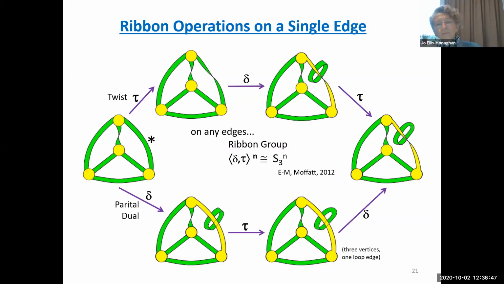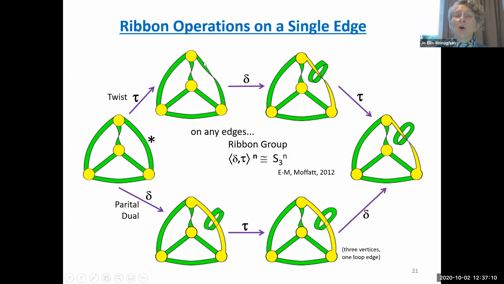So, here is the orbit of doing a ribbon operation on a single edge. Okay. So this edge right here, if you twist it, you get this. Okay.